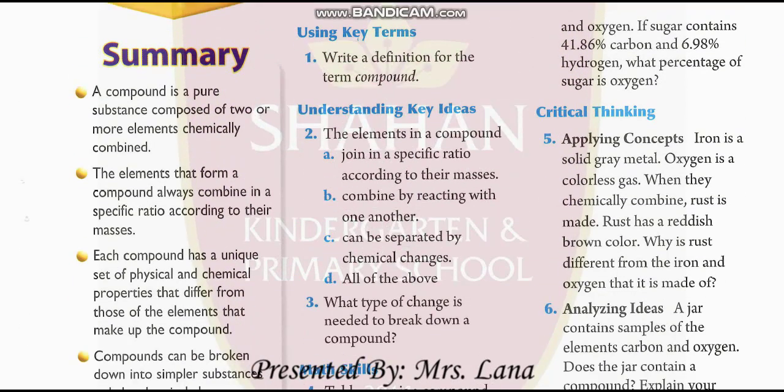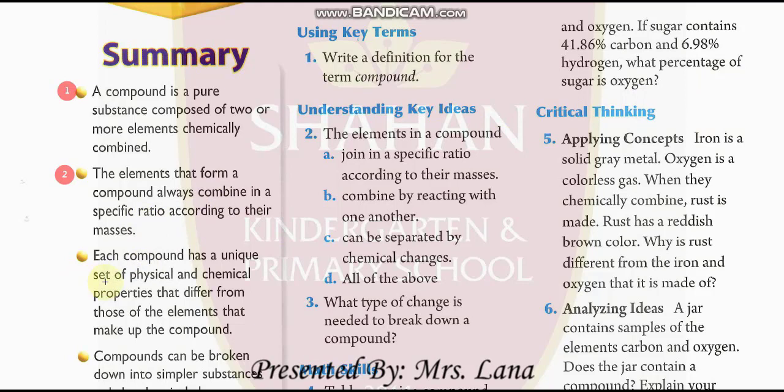And we have a summary. Number 1, a compound is a pure substance composed of two or more elements. As I said, chemically they are combined. Number 2, elements that form a compound always combine in a specific ratio according to their mass.